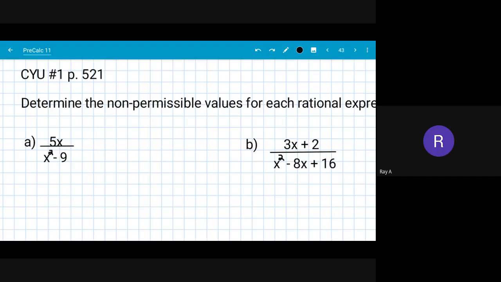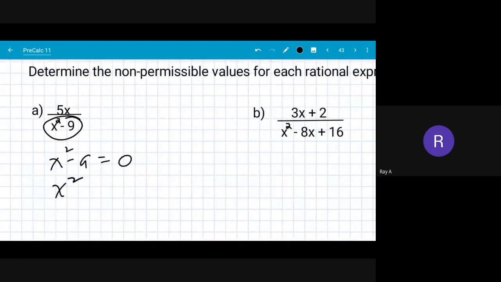So really, the idea here is, the denominator is x squared minus 9, make it equal to 0. And those values that you will come up with would be the non-permissible values. That means that when you plug in a value that we will be able to solve for, those values will make the denominator 0. So two ways to do this. Either you do this, x squared equals 9, x is equal to plus or minus 3. Remember, when you get the square root, it is plus or minus.